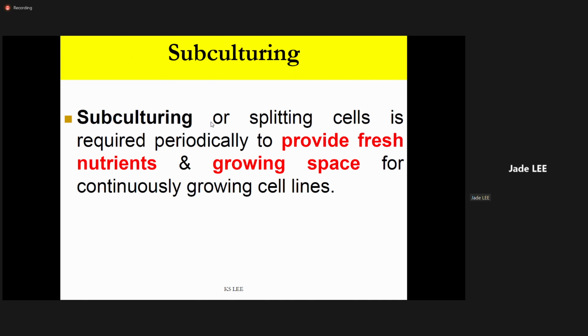At the same time, as they become more and more, the space becomes limited. So when the space is limited and the nutrients are exhausted, you need to do subculturing by providing fresh media so that the cells have more nutrients to continue to replicate and also space to grow. That is the purpose of subculturing.